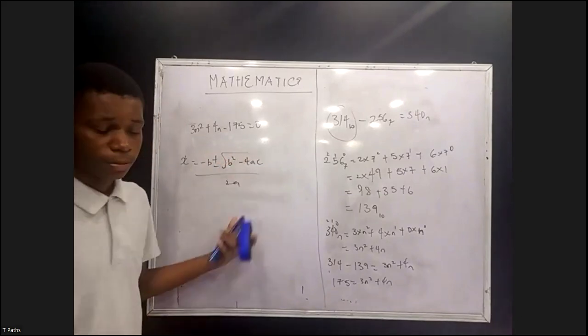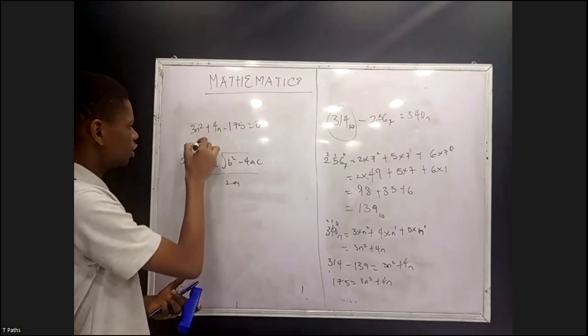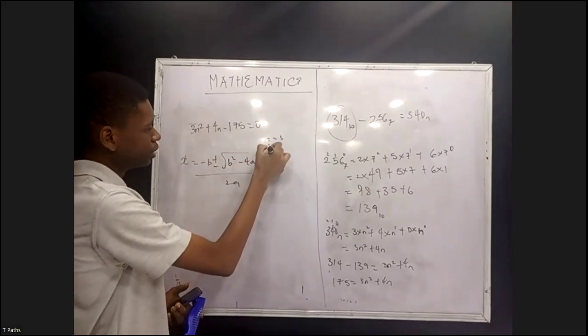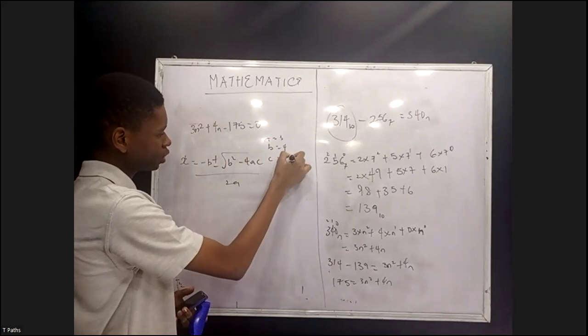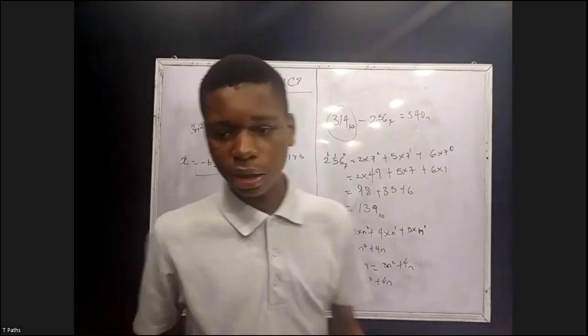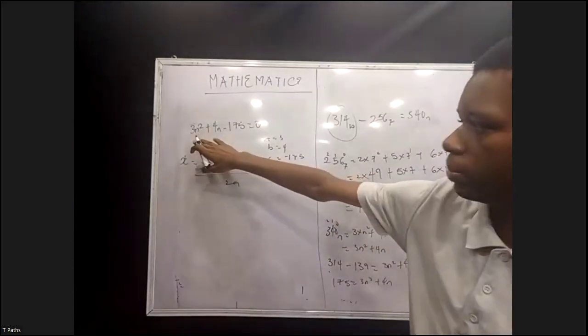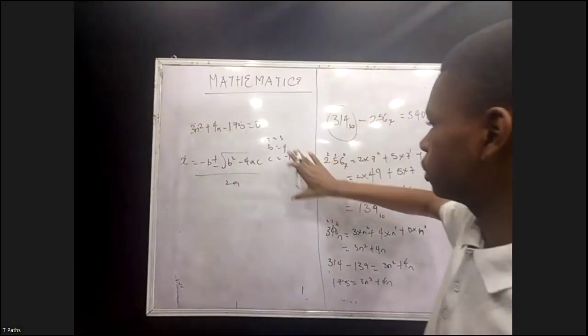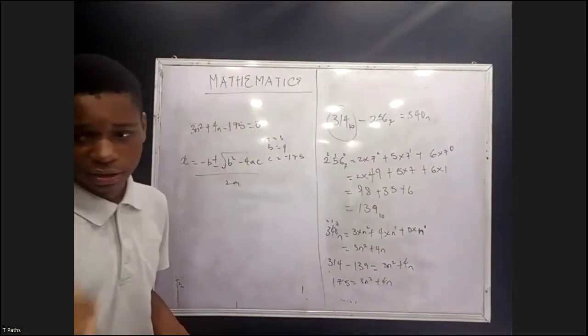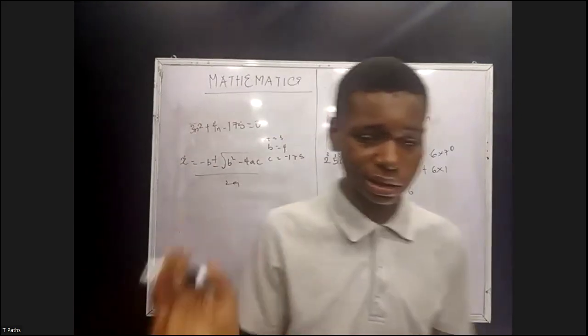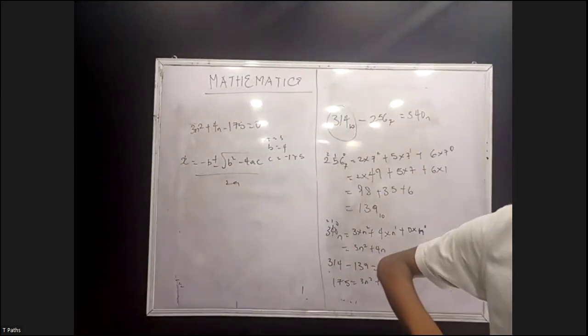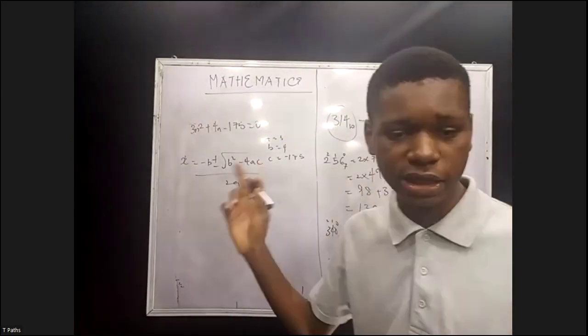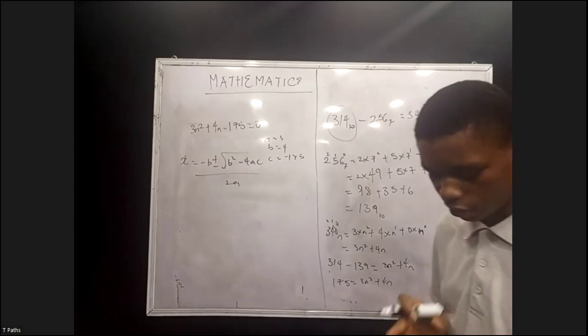So you can also use the formula method to solve this, and your a is 3, your b is 4, and your c is minus 175. Because of time, I'm going to leave this to you guys. I've simplified it to this point, then you can find the solution. Don't forget, bases are not negative, so you should have a positive answer and a negative answer. The positive answer is the value of your base, which should be the answer to the question.